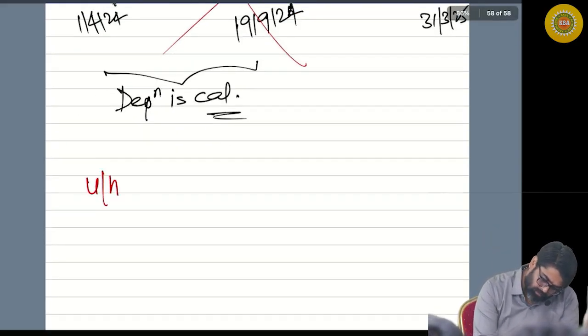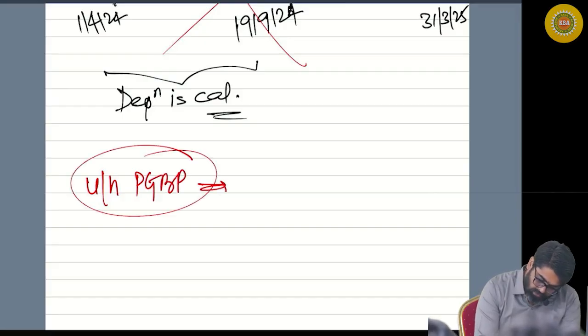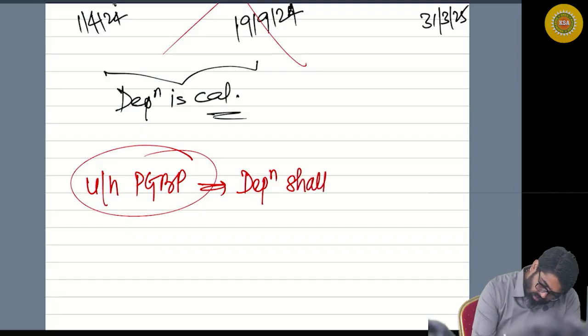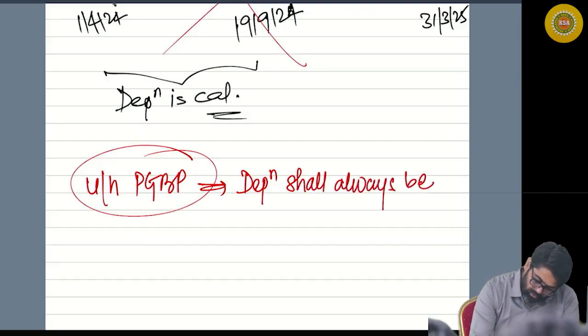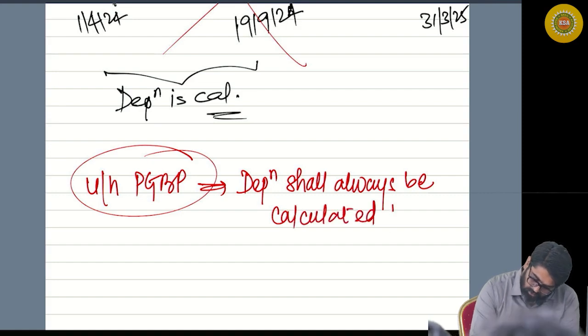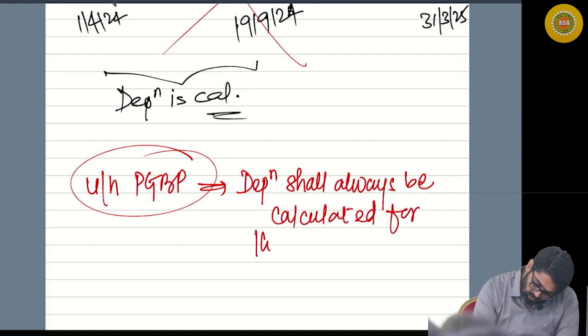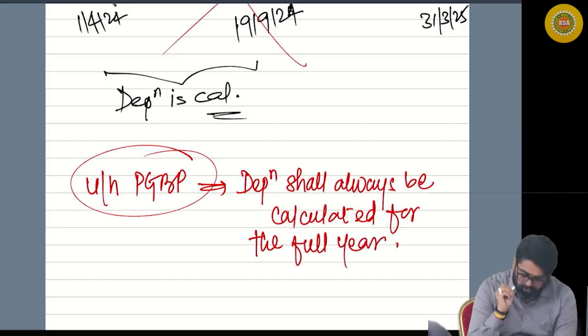Under the head PGBP, depreciation shall always be calculated for the full year.